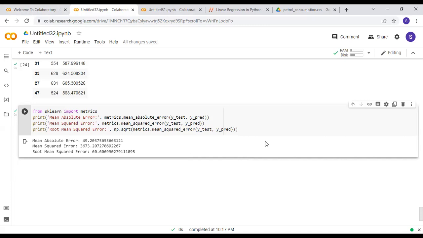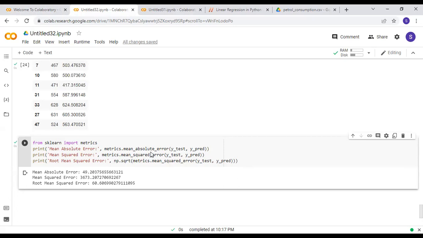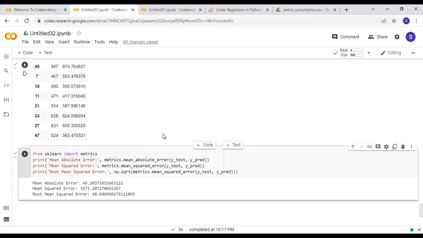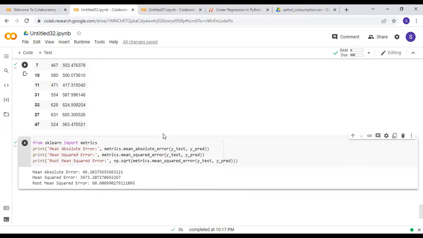Although the model developed here is not very accurate, it still gives very good, reasonable predictions. So the prediction is far better, and there is no problem.